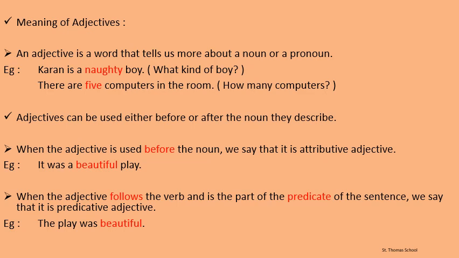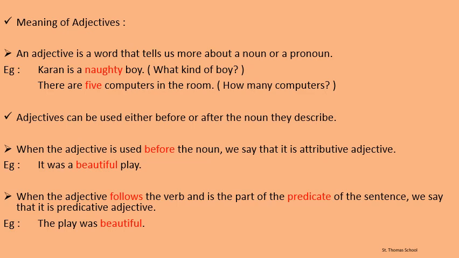So this we have to keep in mind. When adjective is used before the noun, it is known as attributive, and mainly when it is used after the noun, it will be followed after the verb as well as it will be in the predicate form.